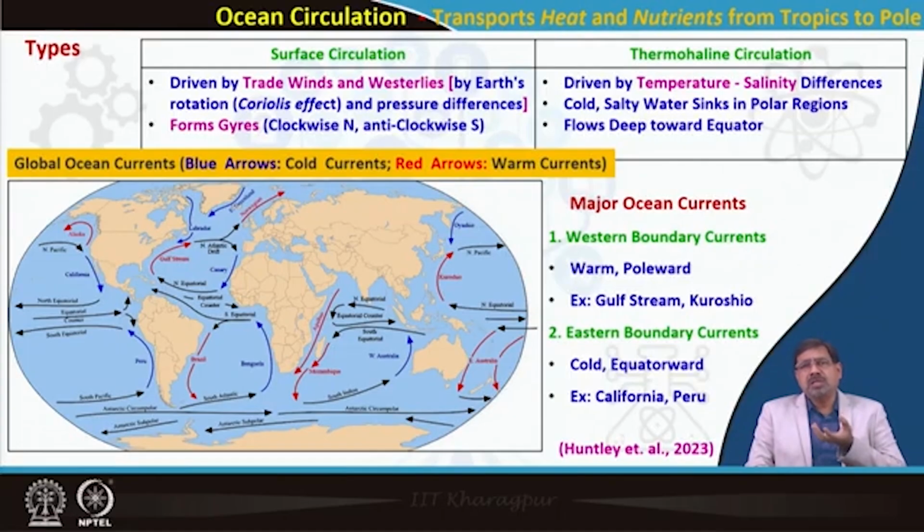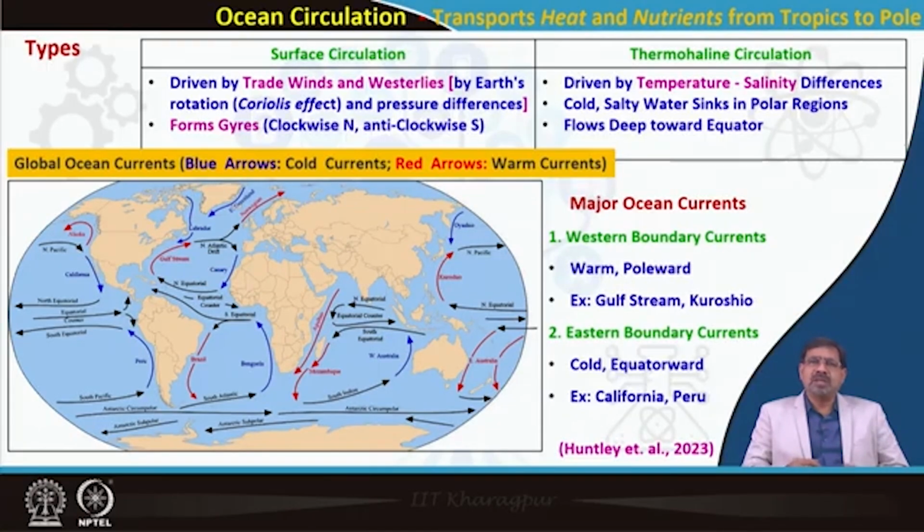As we know, salty water is heavier than less salty water, right. So, the cold and salty water is heavier, and that is why it sinks, in contrast to the warmer and less salty waters. So, this flows deep towards the equator.